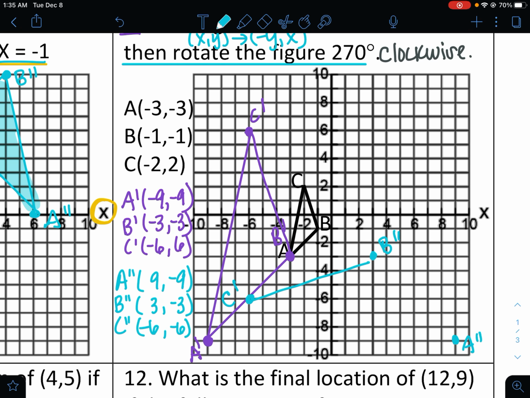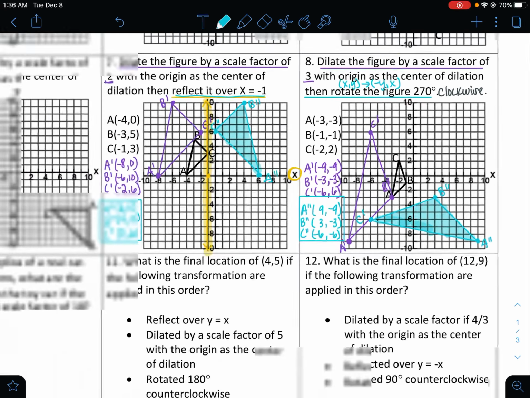We'll connect the dots. And that's it. Your final answer would be these, because that is the last transformation that was listed.